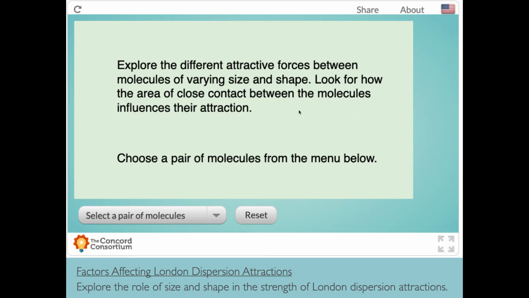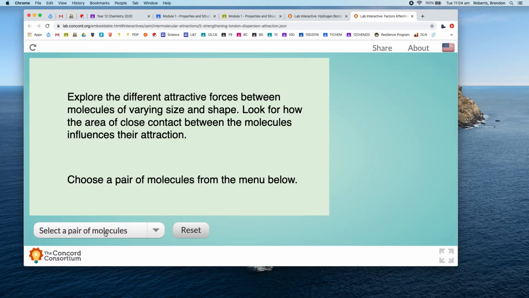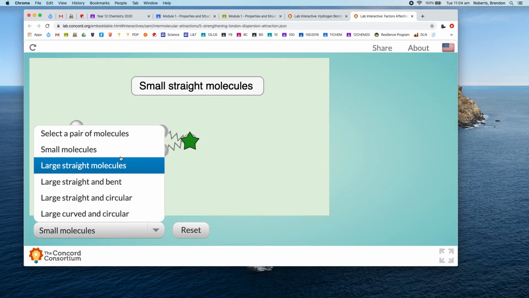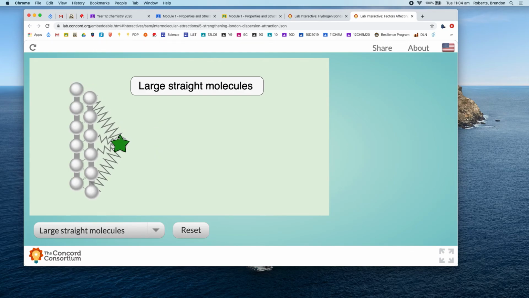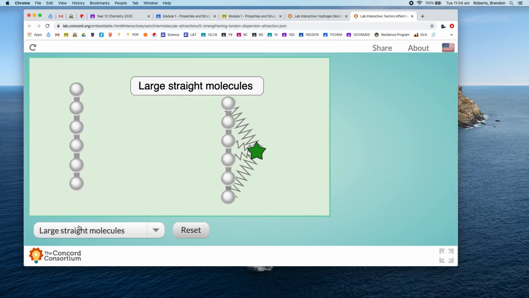All right, another one of these little interactions. We are looking at the attractive forces between various sizes and shapes of molecules. Small molecules are fairly easily pulled apart. Large straight molecules need more force, but still fairly weak.